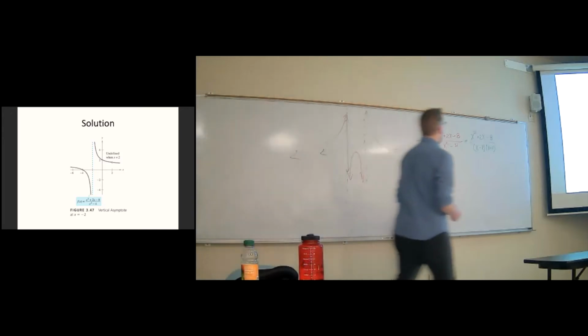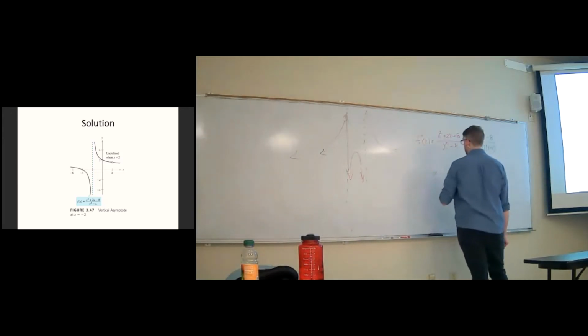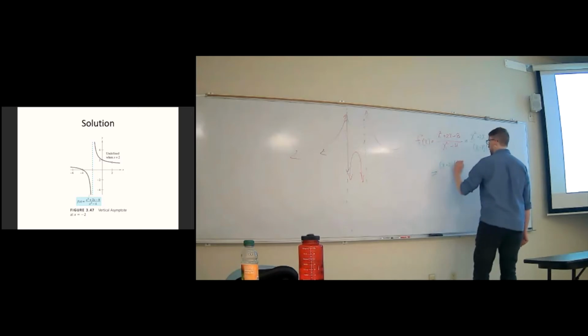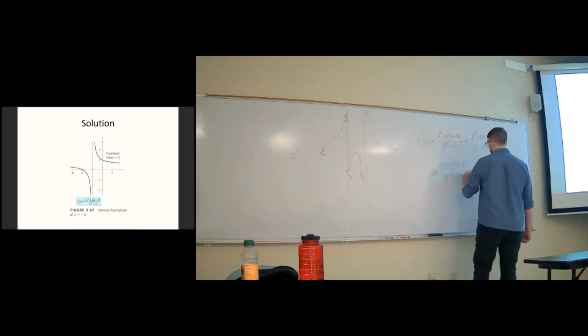It's because our numerator can also be factored. Our numerator can be factored as the quantity x plus 4 times the quantity x minus 2, divided by the quantity x minus 2 times x plus 2.